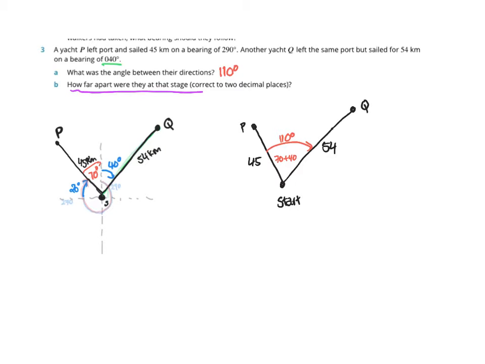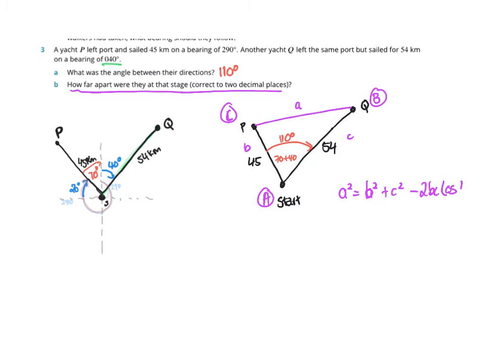So this question here is pretty much that one there. If I label this triangle up like we normally do, A, B, C, and this becomes little a, little c, little b, I want to find little a, and I've got two sides and the included angle, so I'd use the cosine rule. That's a squared equals b squared plus c squared minus 2bc cos A. So I write out what I know.